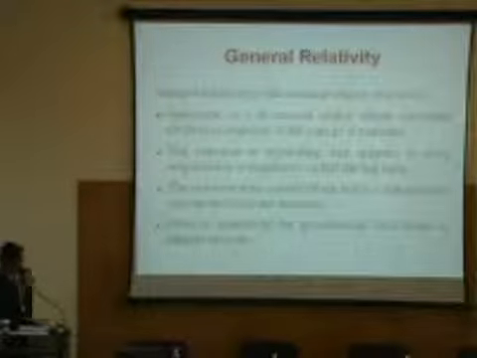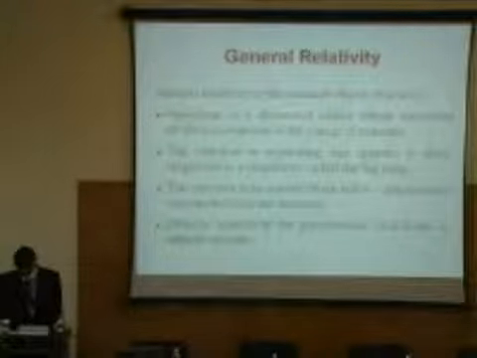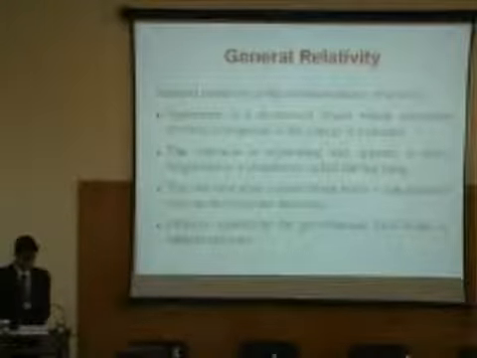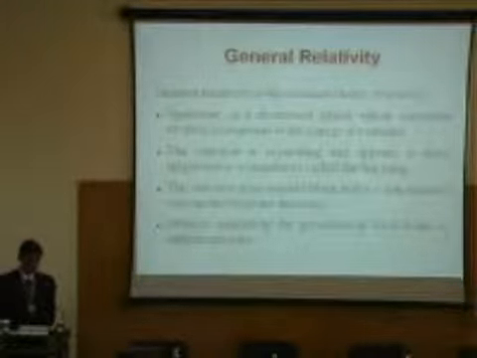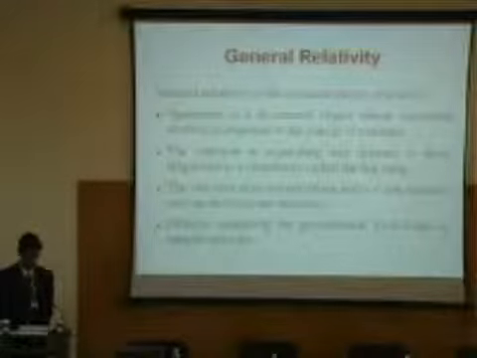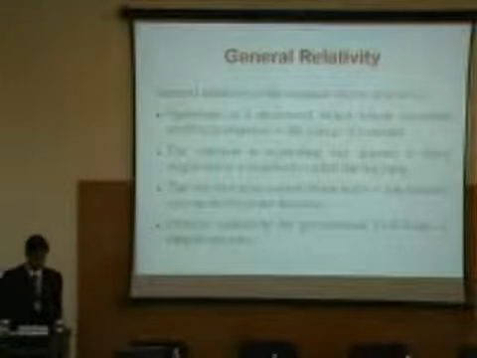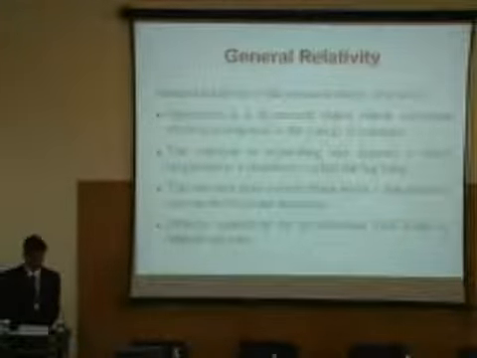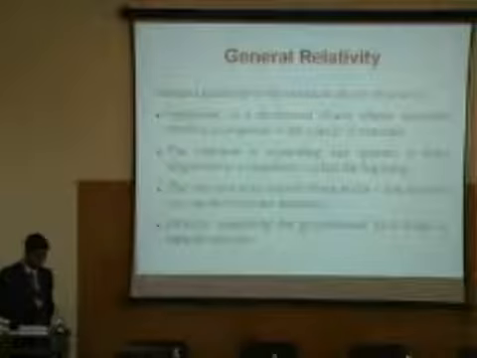So what's general relativity? General relativity is the classical theory of gravity. Space-time is a dynamical object whose curvature evolves in response to the energy it contains. The universe is expanding and appears to have originated in a singularity called the Big Bang.